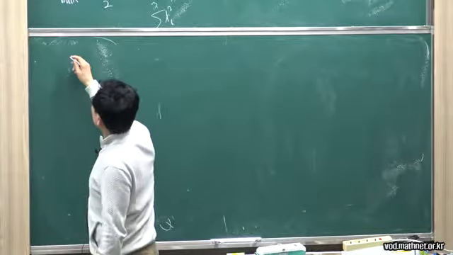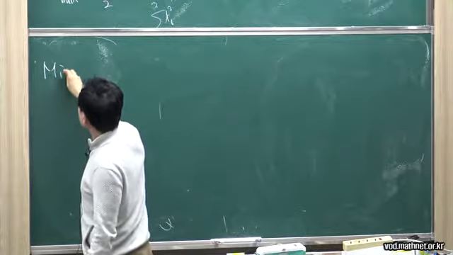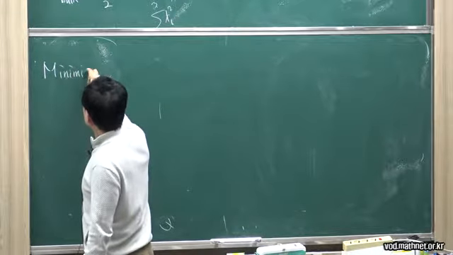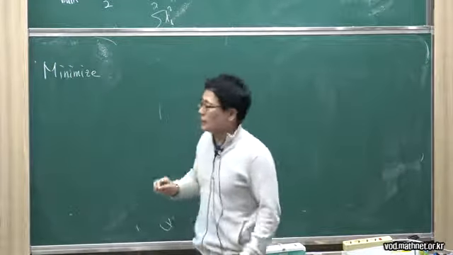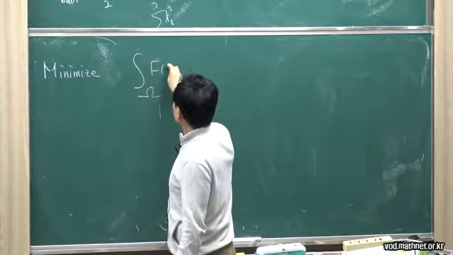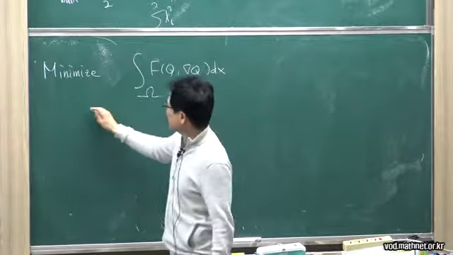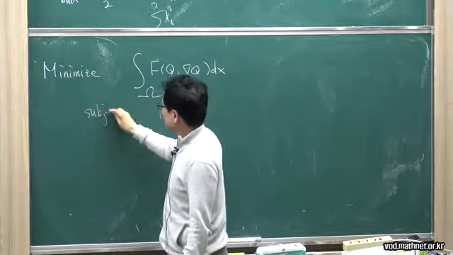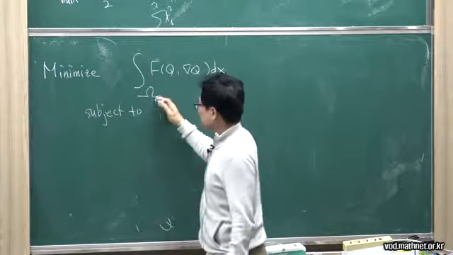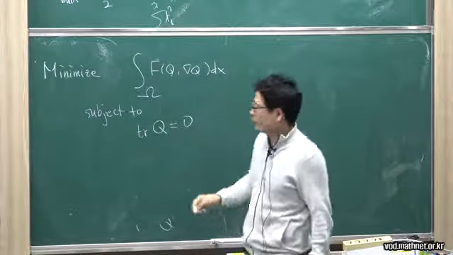And then in mathematics we minimize this energy, F of Q and gradient Q dx, subject to trace Q equals 0 and Q is symmetric.